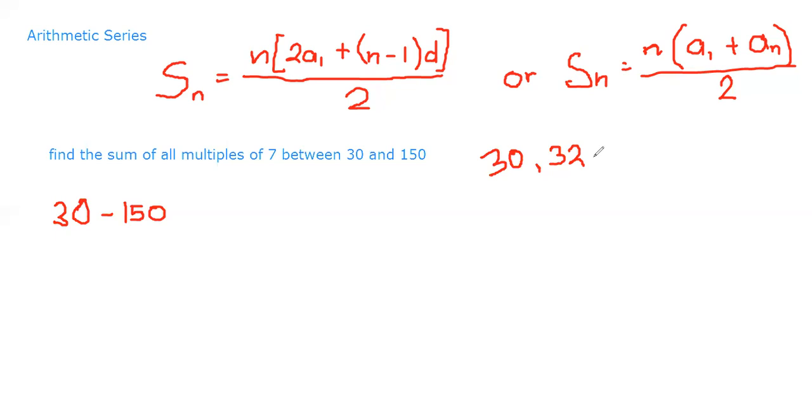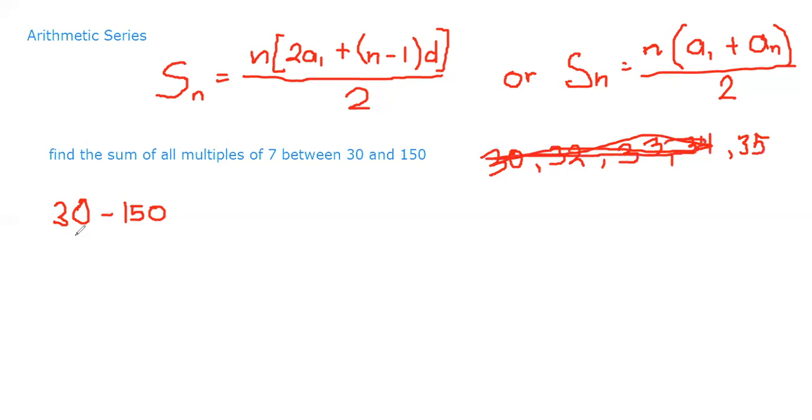Kasi 7, 14, 21, 28, sunod kay 28, 35. So, mula kay 30, si 35 na yung multiples of 7. 34, 35. So, hindi naman multiples of 7 si 30 hanggang 34.